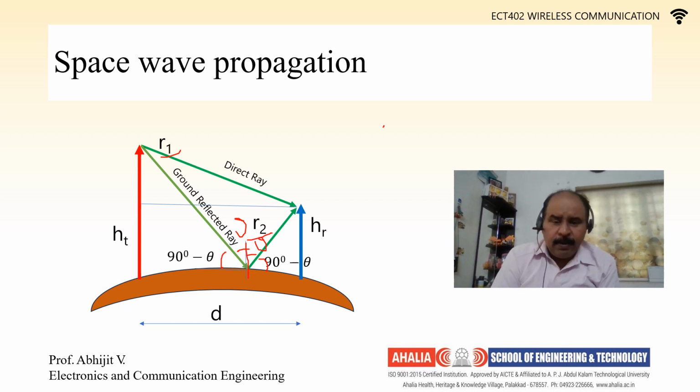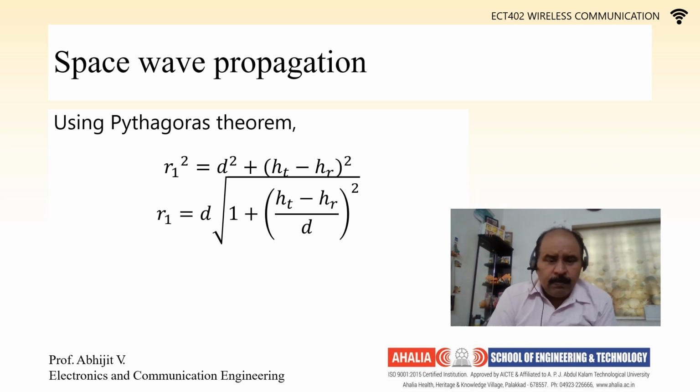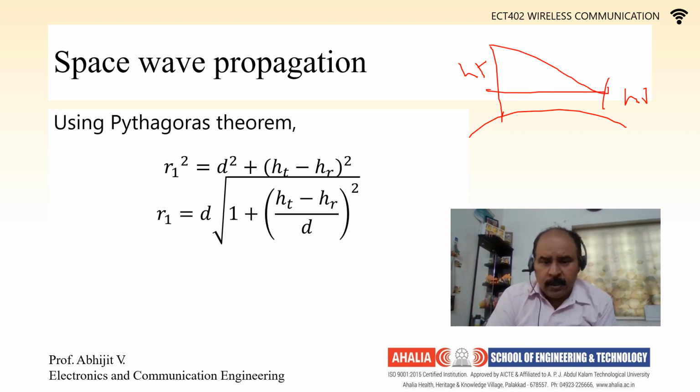Using fundamental trigonometric equations and the Pythagoras theorem, we get R1 square to be equal to, we have it like this, heights HT and HR, and this is D. This is R1. So here if you put a line like this, this will be theta, this will be R1. So R1 square will be this value.